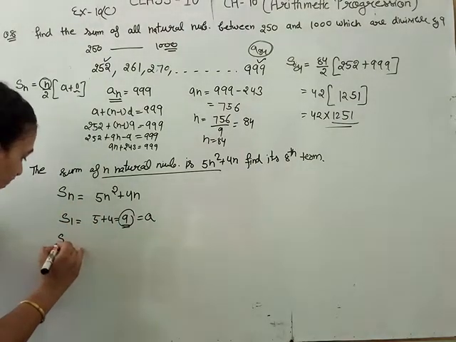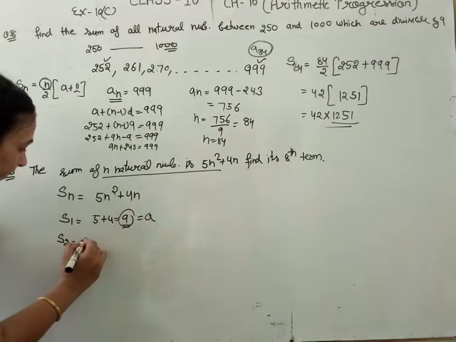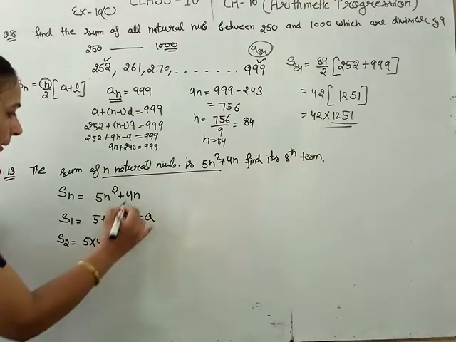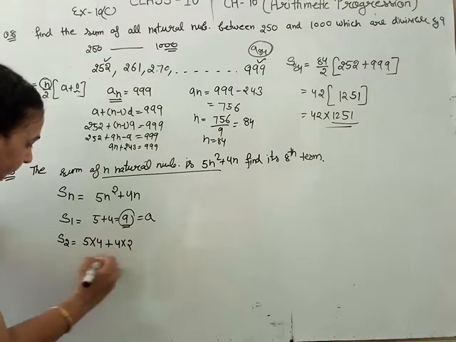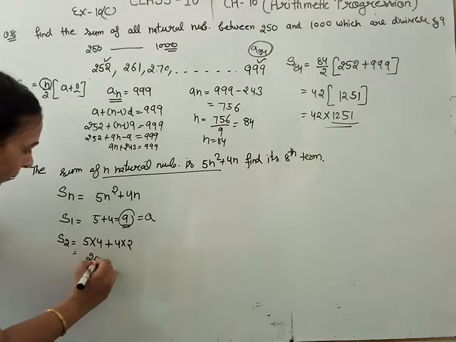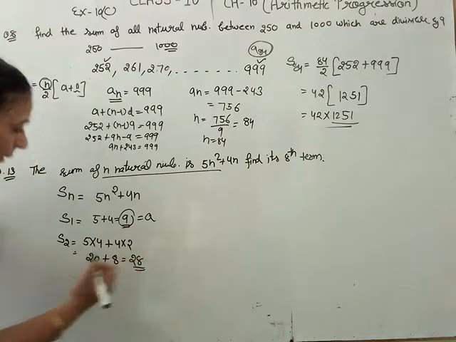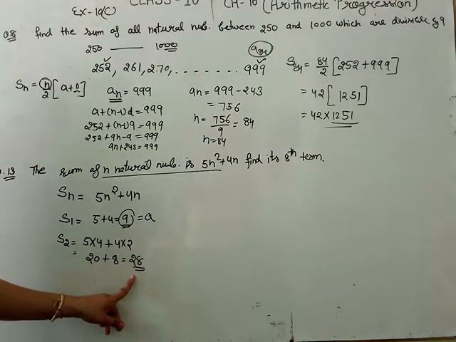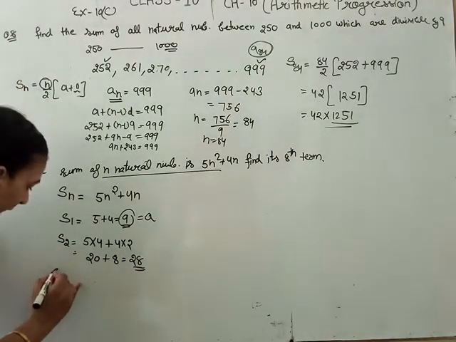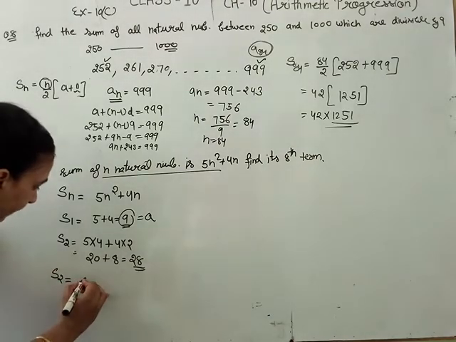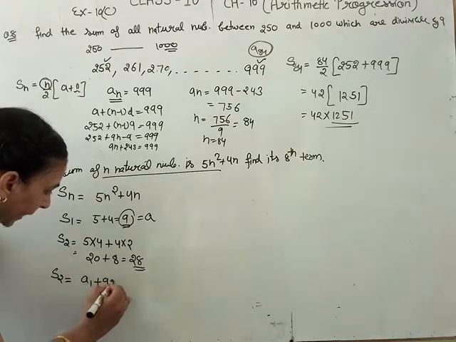Okay, if we put n equal to 2, then 5 multiplied by 2 squared is 20, plus 4 into 2 is 8, and this equals 28. Okay, S2 equals 28. What is the meaning of S2? S2 means the sum of two terms. The sum of two terms means the sum of the first and second term.